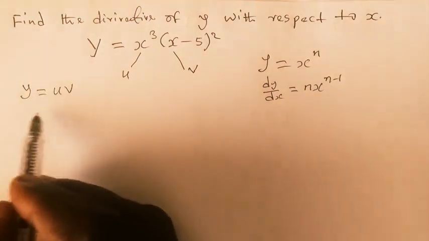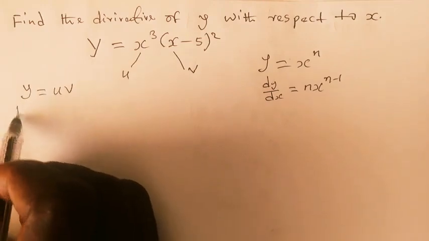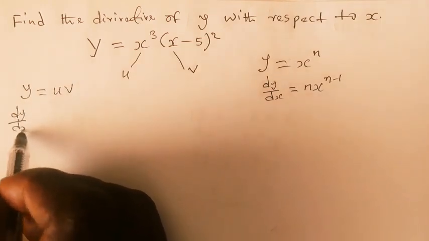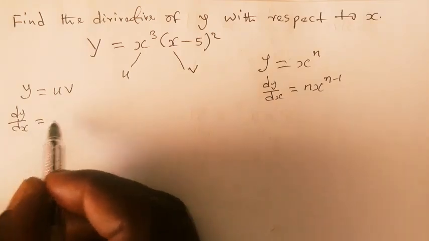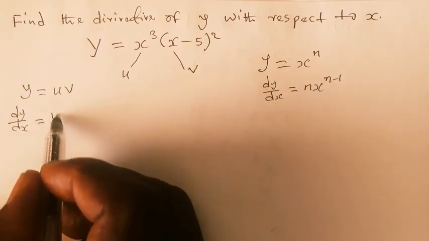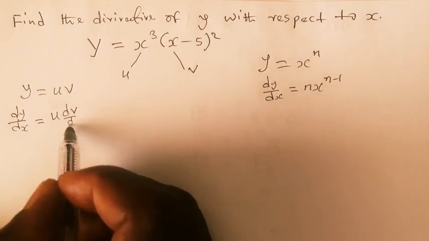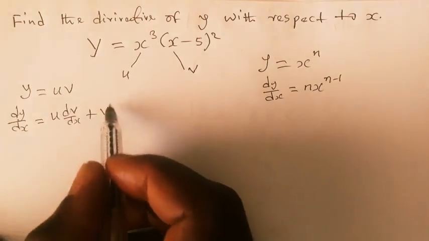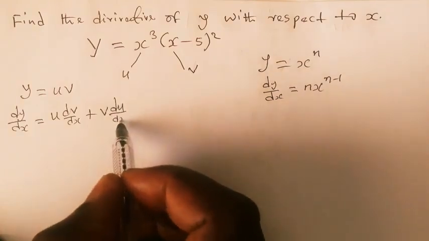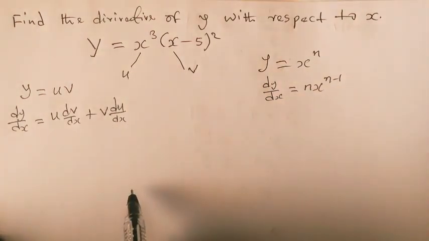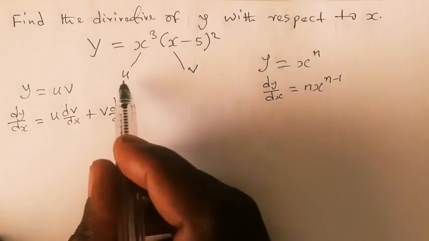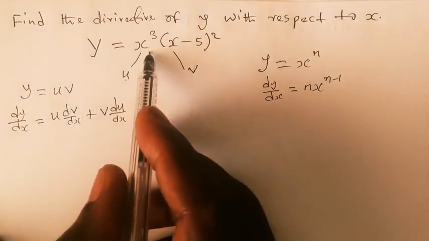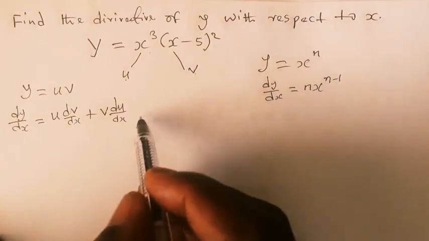In cases like this, dy over dx is equal to u dv over dx plus v du over dx. So in this situation, we'll differentiate u with respect to x, and v with respect to x.